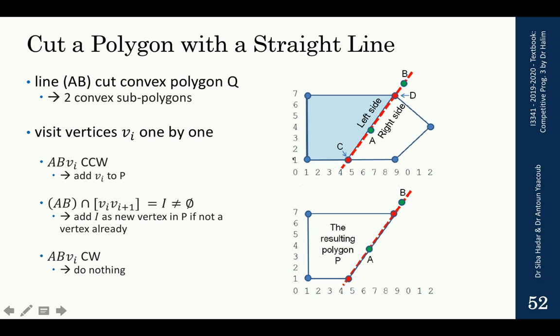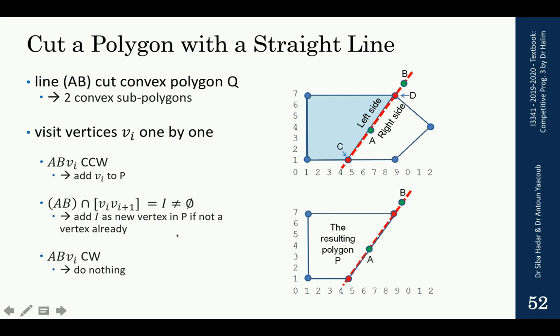So suppose I add vertex Vi, maybe this is the vertex Vi plus 1, just like the case of D, the intersection of A, B with the vertex D, and the last vertex of the polygon is already a vertex.